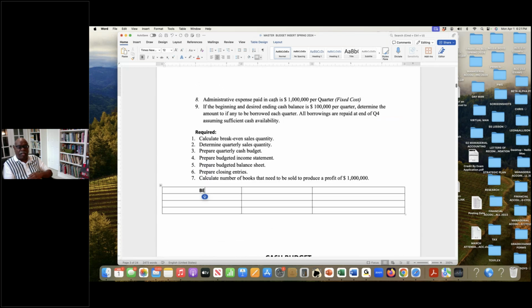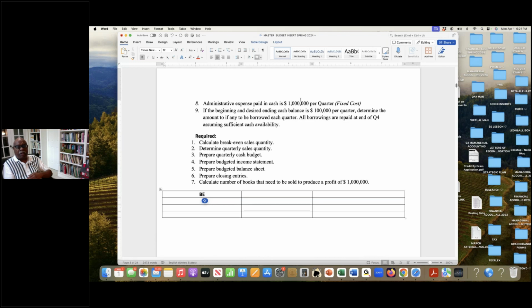It says right here, the administrative expense, which is the rent, is $1 million per quarter. Okay, so that's the rent.